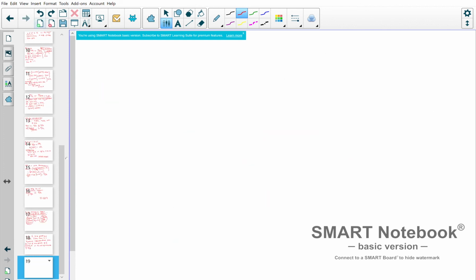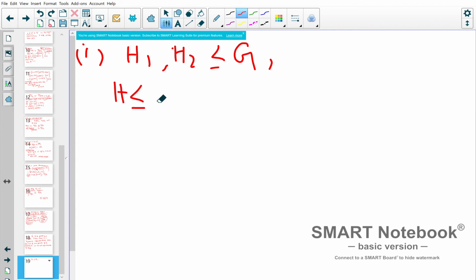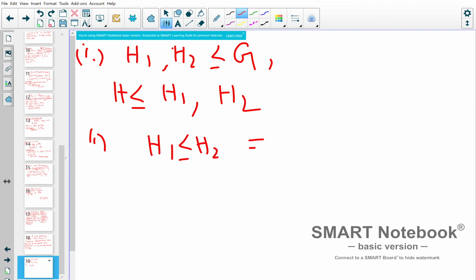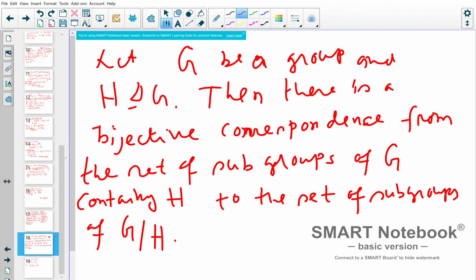You will prove that for any two subgroups H1 and H2 of G such that both contain H, so H is contained in H1 and also in H2, H1 is a subgroup of H2 if and only if H1 bar is a subgroup of H2 bar.